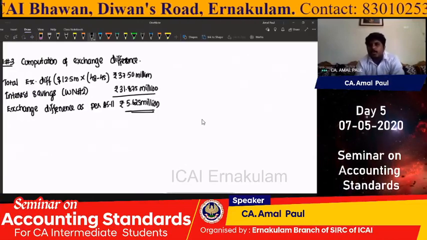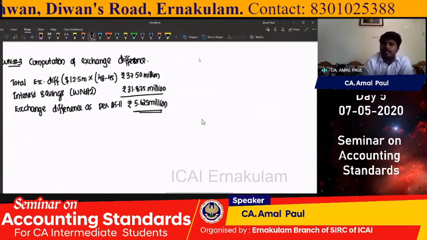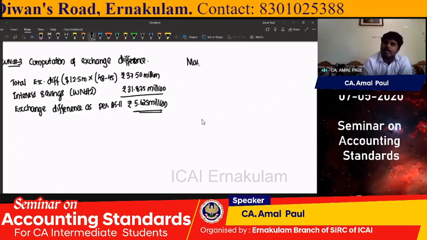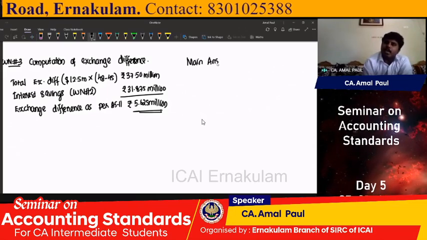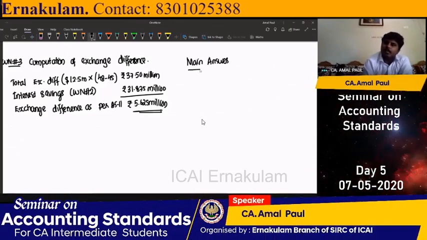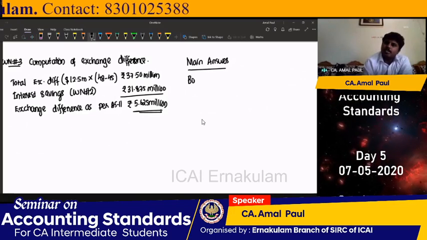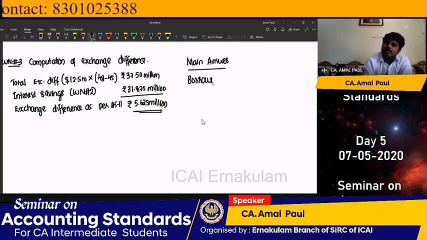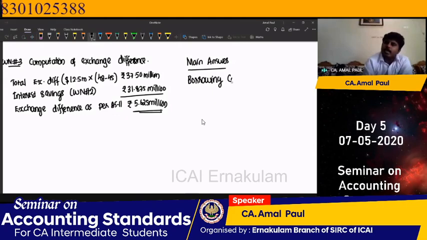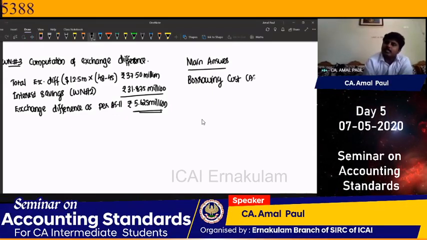So if we take our main answer, we have to take two values. First one is what is your borrowing cost as per AS 16.